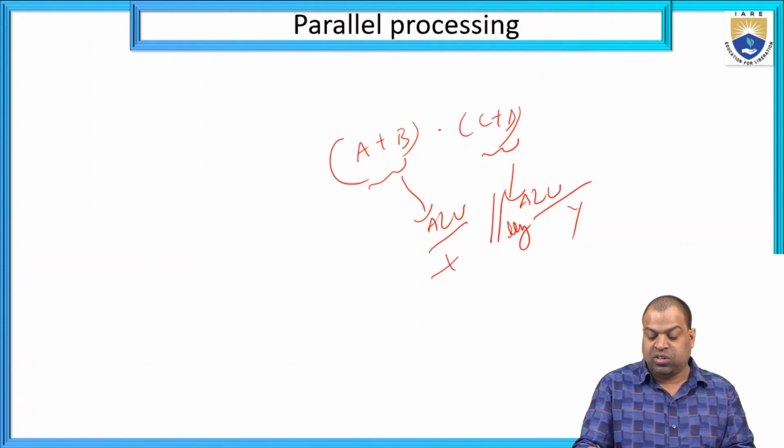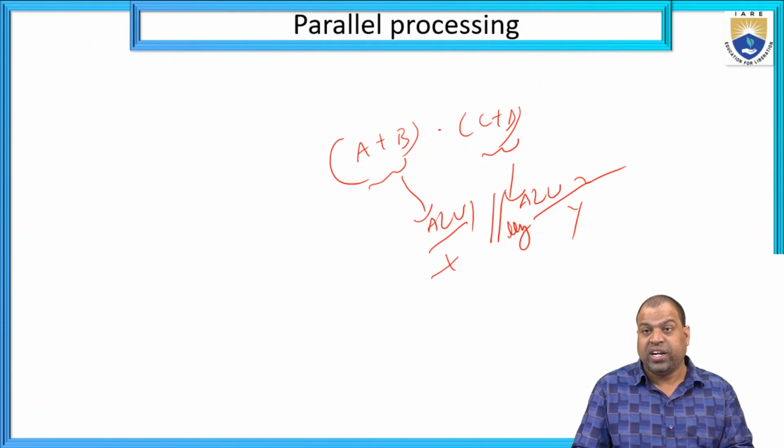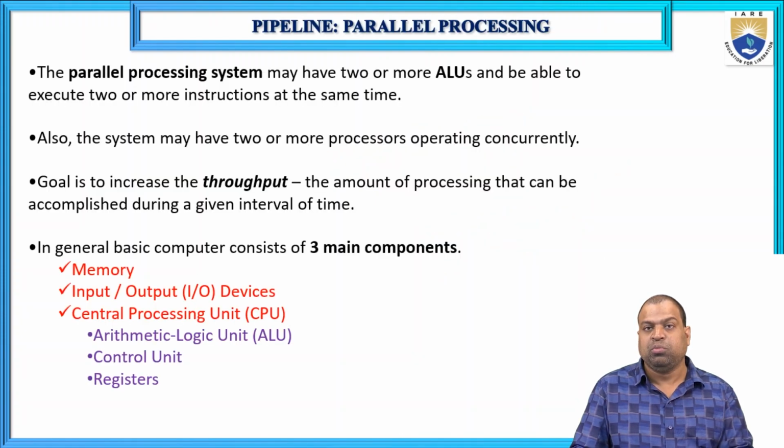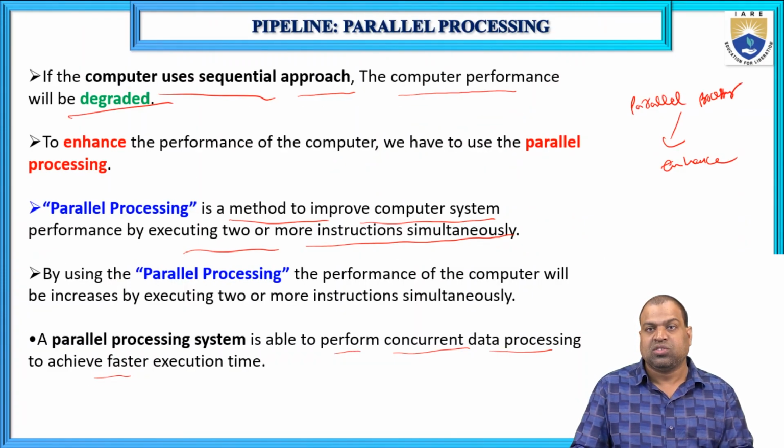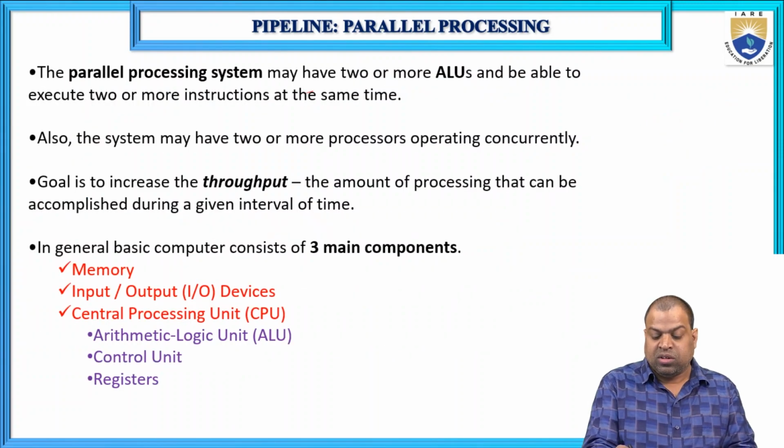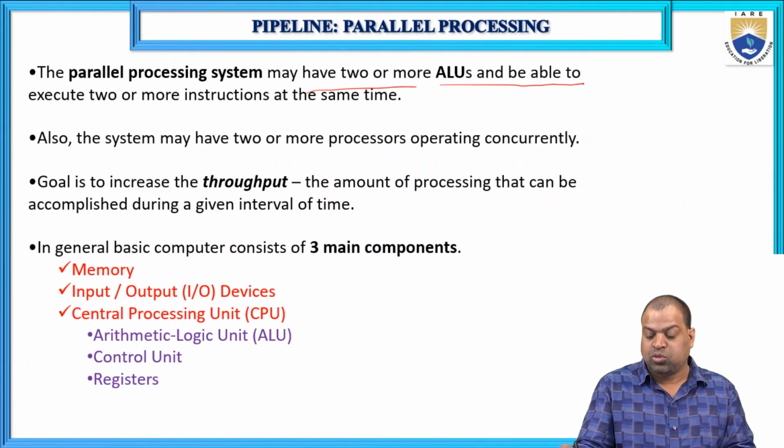This one is ALU1 and this is ALU2. Why am I taking multiple ALUs? So that the output comes at the same time, because it consumes less time and improves the CPU performance. So two or more ALUs are needed.